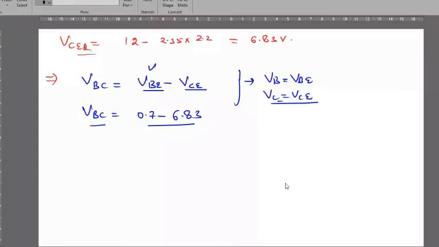So today we'll continue with the potential divider bias. Potential divider biasing is also known as self-biasing.